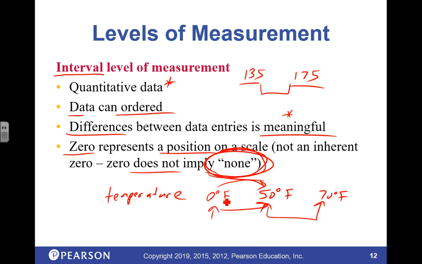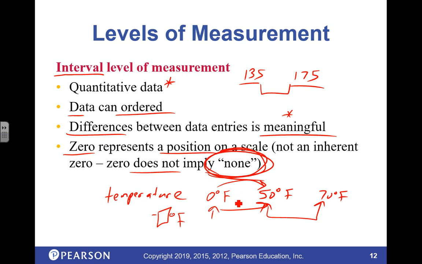On the Celsius scale, 0 degrees is the freezing point of water, but that is not the lowest temperature. Even Fahrenheit and Celsius both, there are negative temperatures. So obviously 0 degrees doesn't mean that there's no heat, because there are scenarios where you have colder temperatures. It's just a level of comparison.